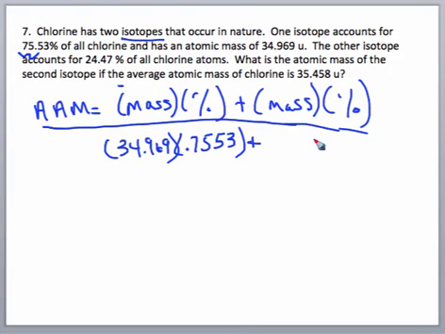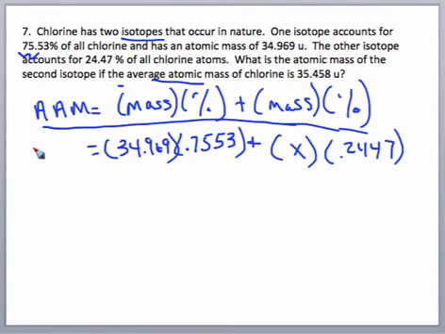The other one accounts for 24.47%, and we do not know the mass of that one, but we do know that the average atomic mass is going to be equal to 35.458.